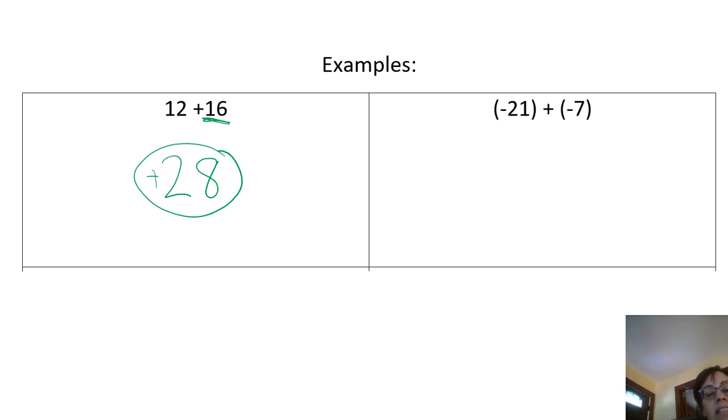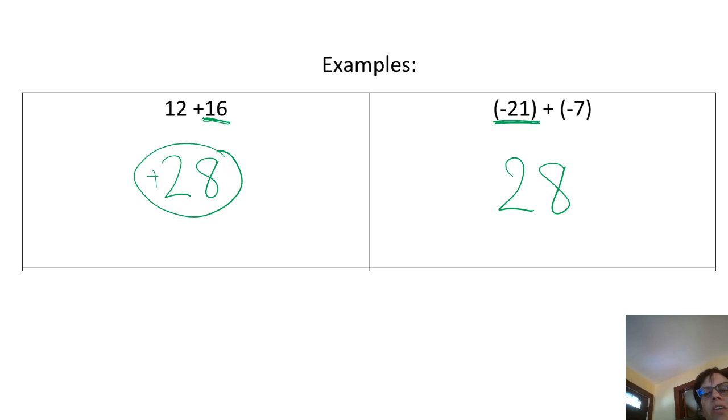Let's look at a second example. These also have the same signs. I have negative 21 and negative 7. So same sign, add. Remember, ignore the negatives right now. I'm just going to think, what's 21 plus 7? It's 28. Now, determine what the sign of my answer is going to be.